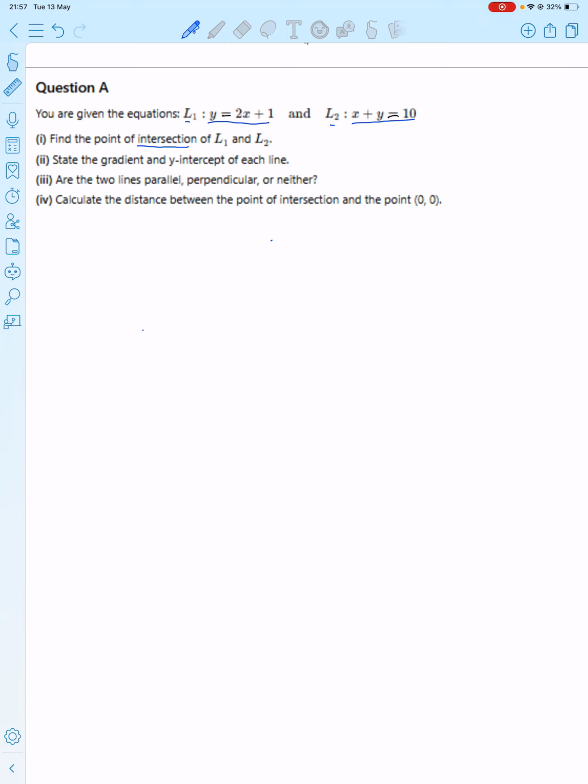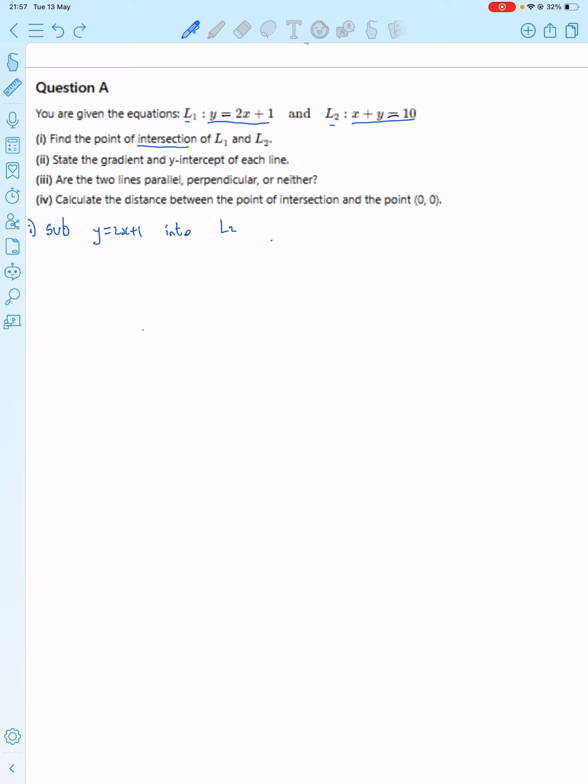So for part 1, I'm going to sub y equals 2x plus 1 into L2. Okay, so what that means is I can see that y equals 2x plus 1 and L2 says x plus y equals 10.